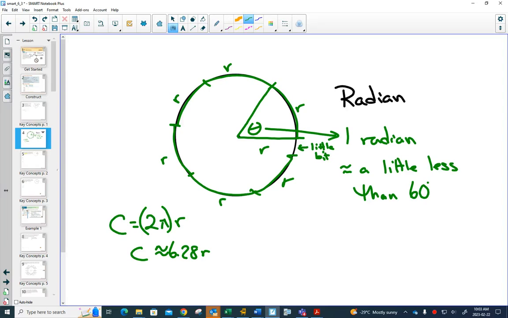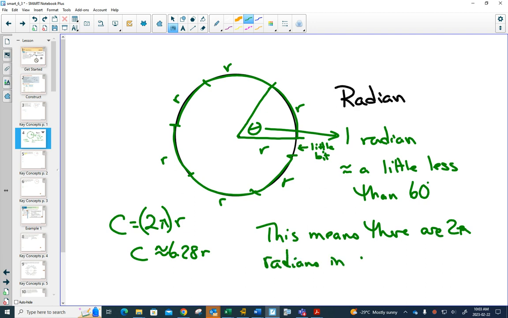So if there are 2 pi radiuses in a circumference, this means that there are 2 pi radians in a circle.